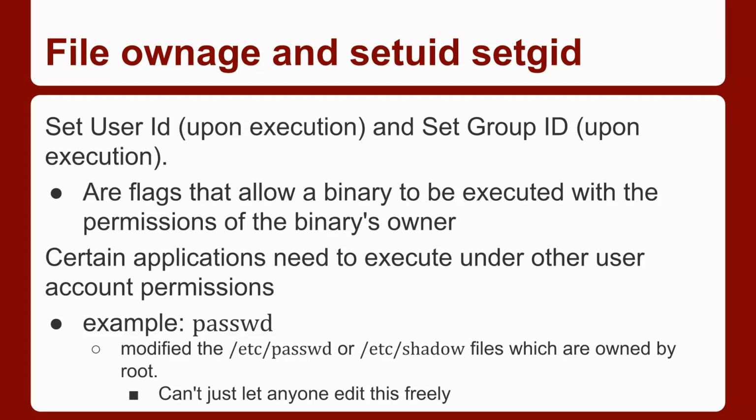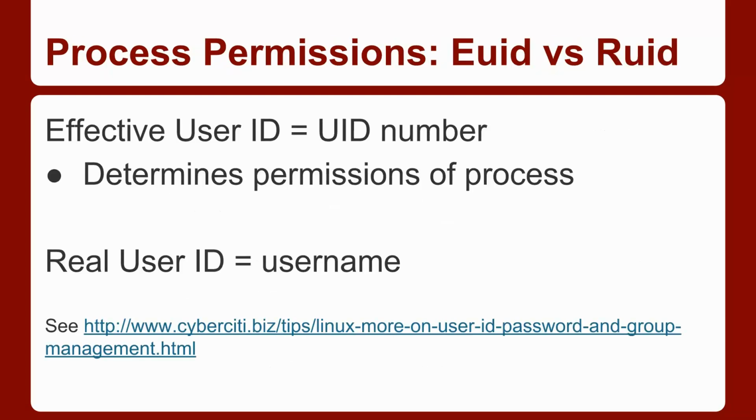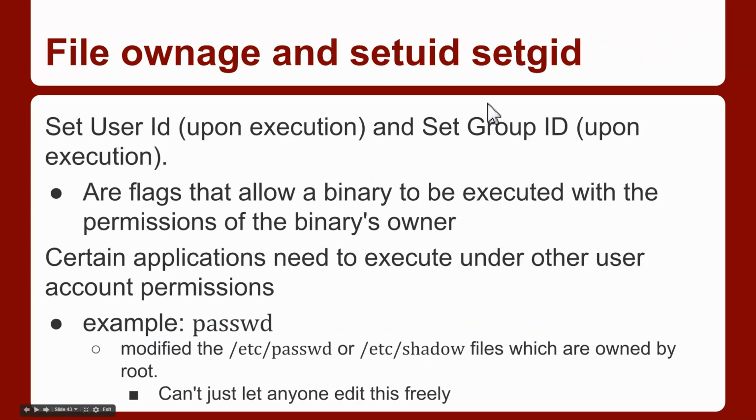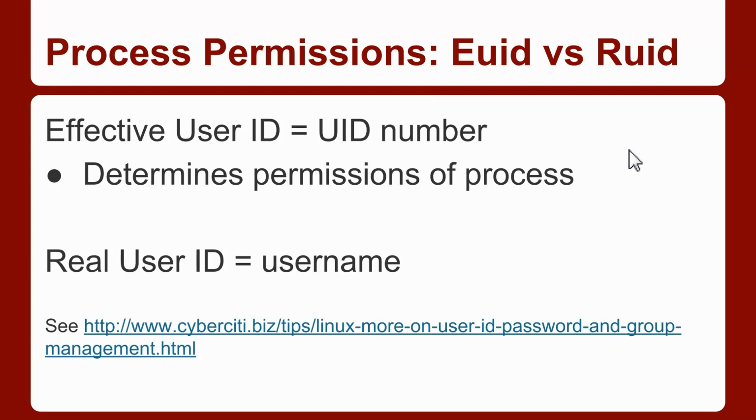So you don't want to just let anyone do this freely, and there's tons of other applications of this, tons of other examples of this application. So setGID is very similar. It denotes what group ID this should be run as when you run a binary. And another thing to consider is that when a process is running, the effective user ID is the UID number.